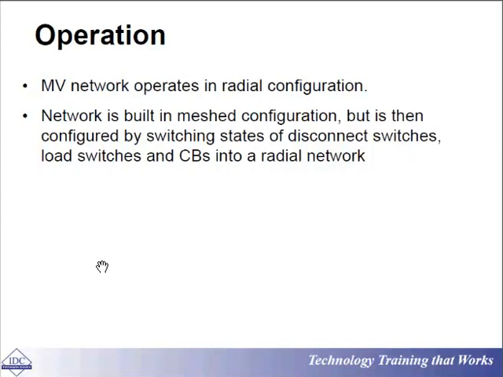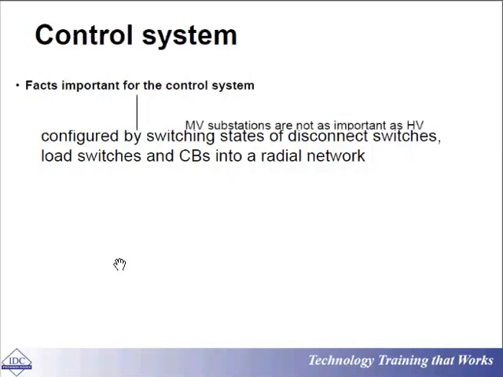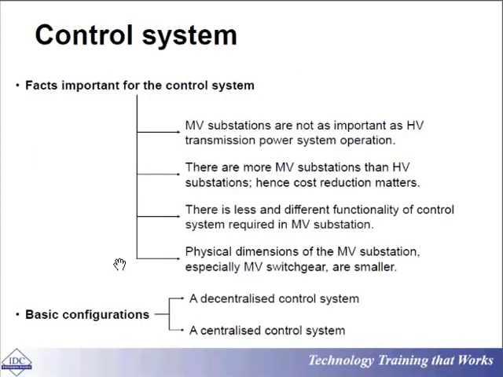At the beginning, when they design it, it is a meshed configuration. But after that, by means of switching, disconnect switches, load break switches, circuit breakers, it will be divided into a number of radial networks. So you should understand whether you are dealing with a radial network or with an interconnected or partly interconnected network.